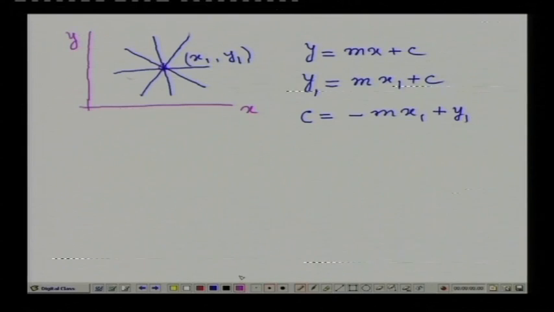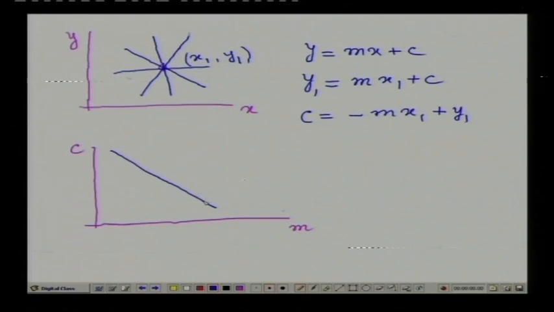So, if I map this point x 1 y 1 into our parameter space, I will have this M C plane, and in the M C plane, c equal to minus m x 1 plus y 1 is the equation of a straight line. So, effectively I get a straight line in the MC plane following the equation c is equal to minus m x 1 plus y 1.